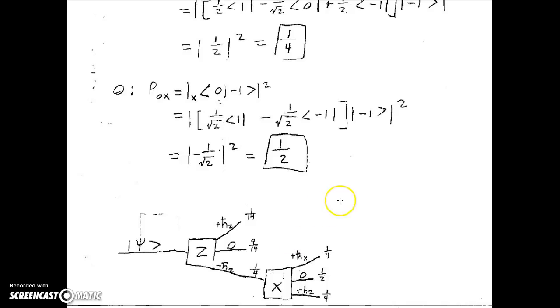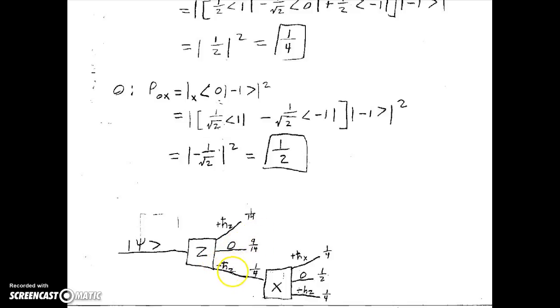And so part C just asked to draw a diagram. So here is our input state, which is that first function we were given. And I have the probabilities written out. So it first passes through the z. The probability of getting a plus is 1/14. Getting a 0 is 9/14.